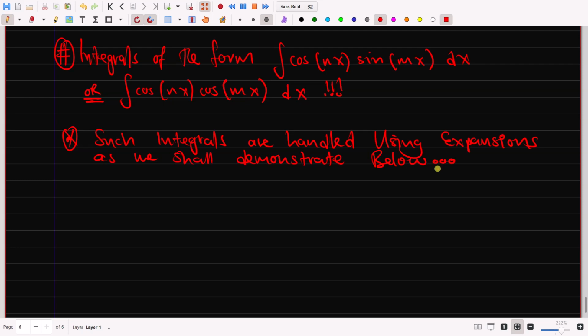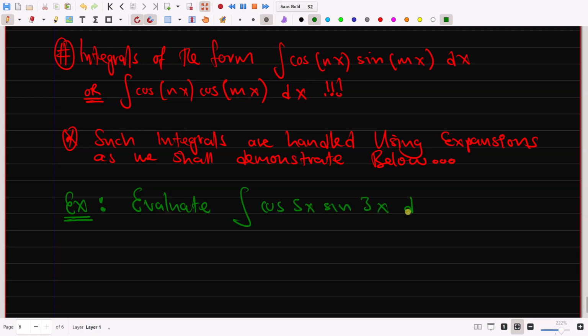So how do you deal with an integral like this one? An integral like this one, you can only deal with using expansions. So you have to pick the correct expansion for the problem.